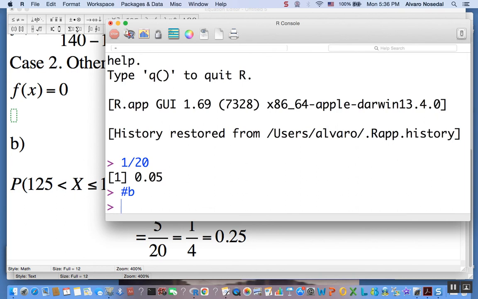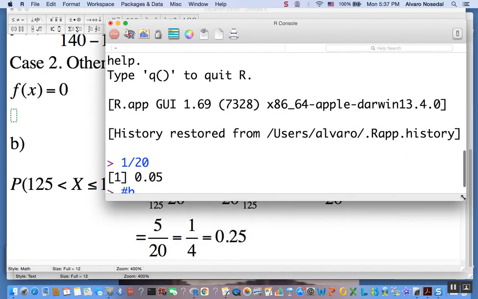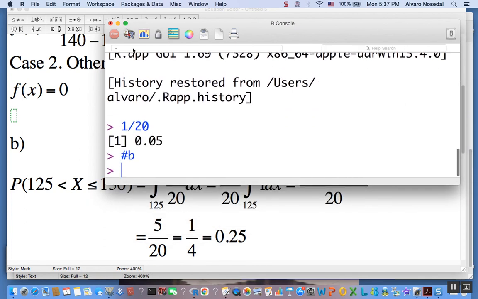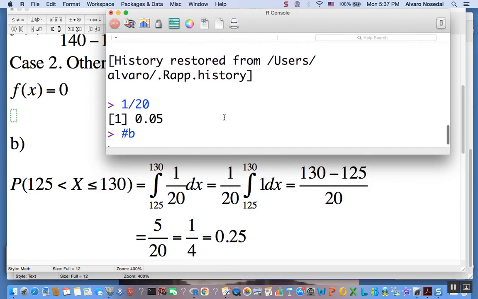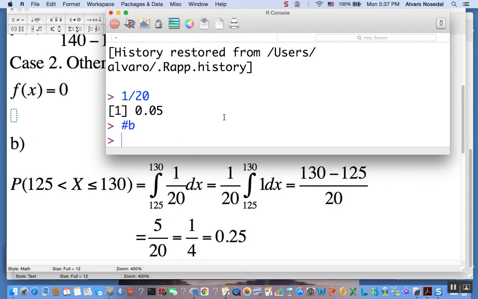First, we want an integral. We want the integral of 1 over 20 or 0.05 with respect to x. Now let me define it. Let me call it f, a function of x.